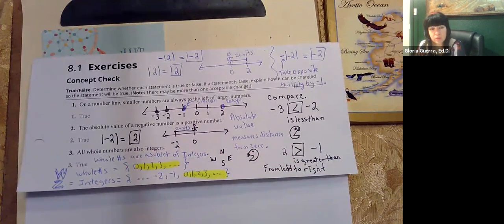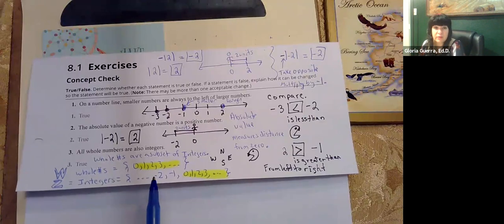Also, the whole numbers and the integers are also real numbers. So numbers are either real or complex, like imaginary, like they have the i's. None of these have an imaginary i involved. So these are all real numbers.